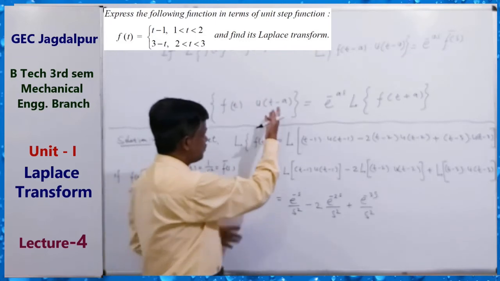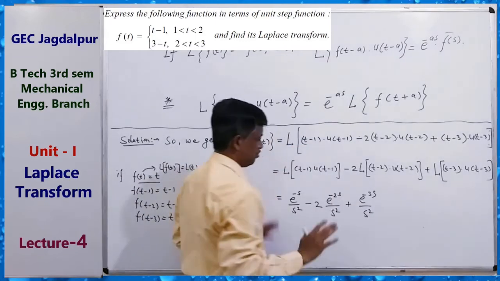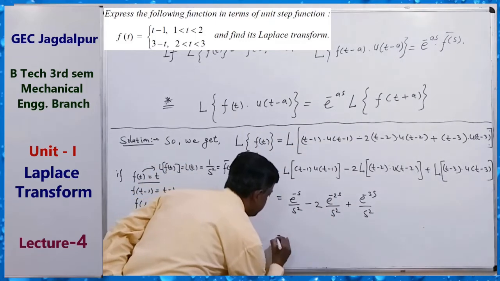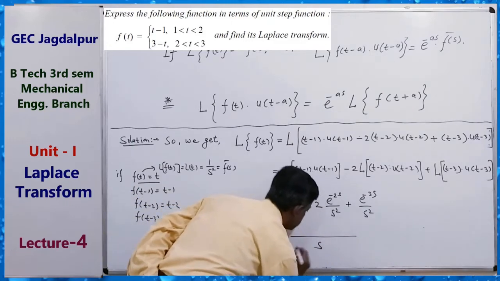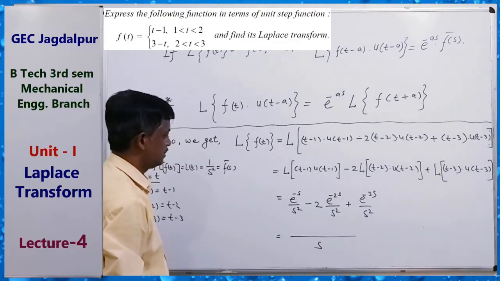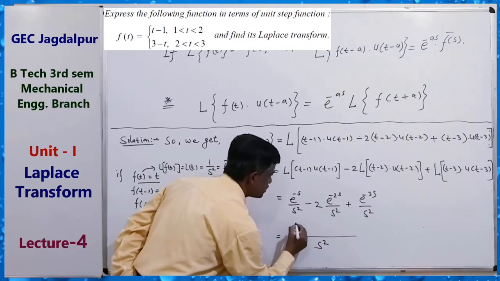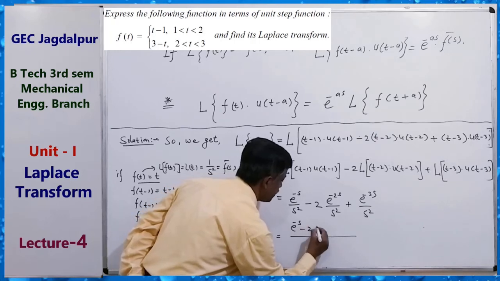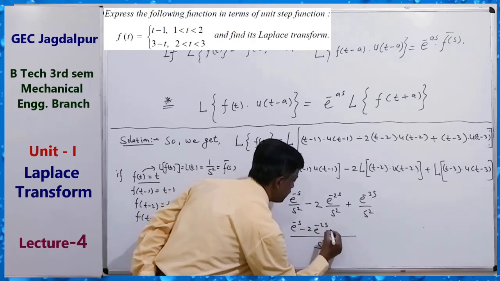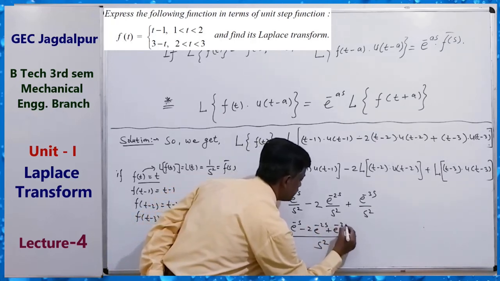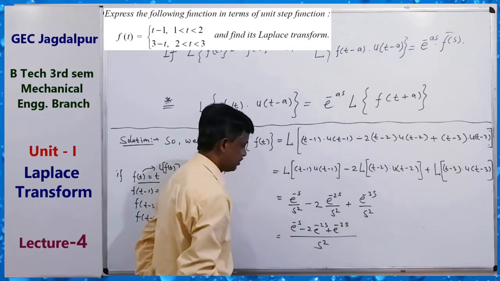Either use this formula or that formula. Now, taking 1 upon s square common: (e to the power minus s minus 2 e to the power minus 2s plus e to the power minus 3s) upon s square.